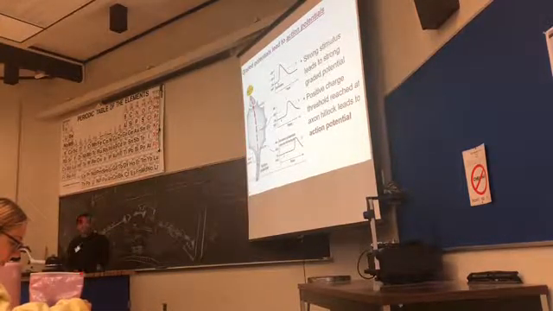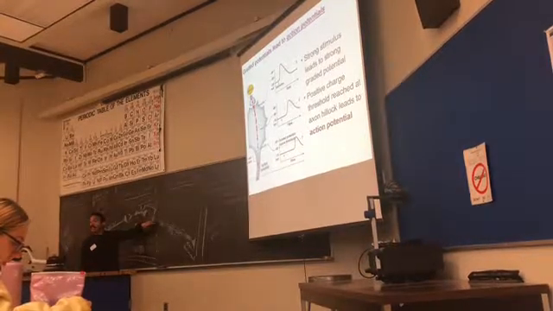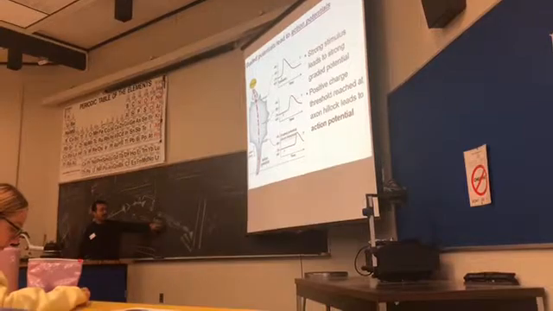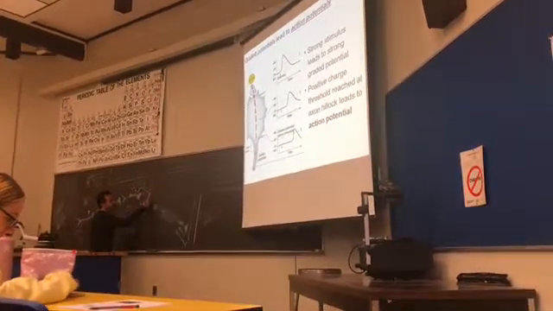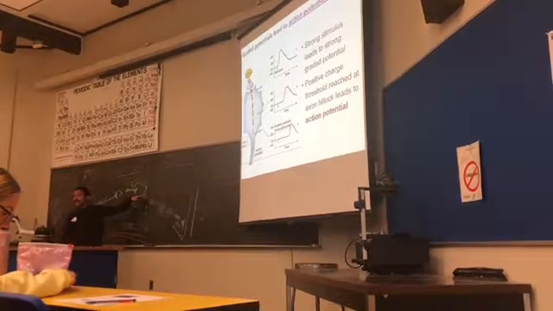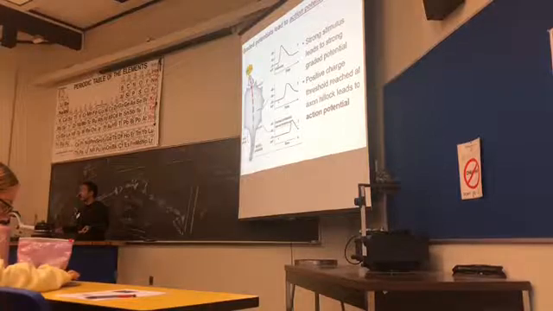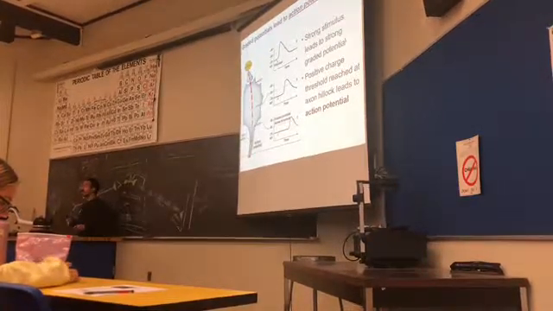I mentioned how the dendritic end is the input. The cell body is the integration. The axon's the output. The cell body is the decision point, because this is where we decide if we hit the bell or not, if we hit it hard enough.